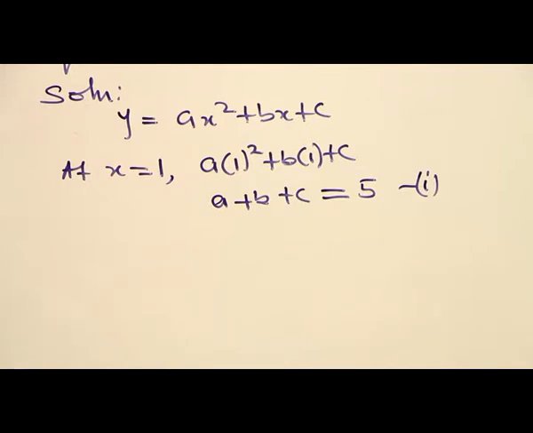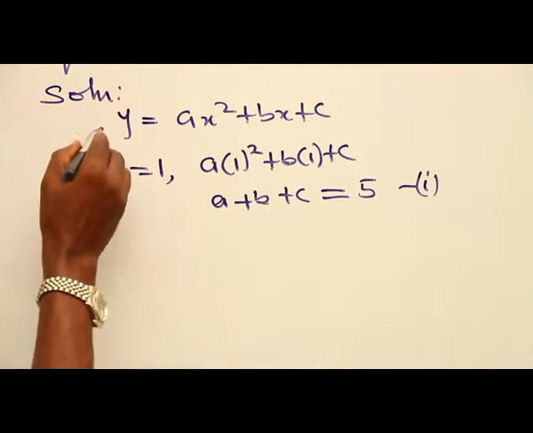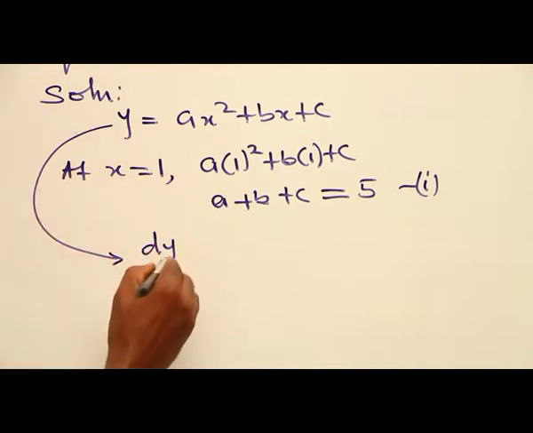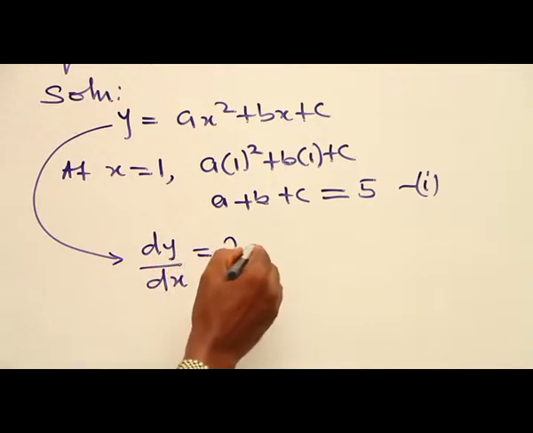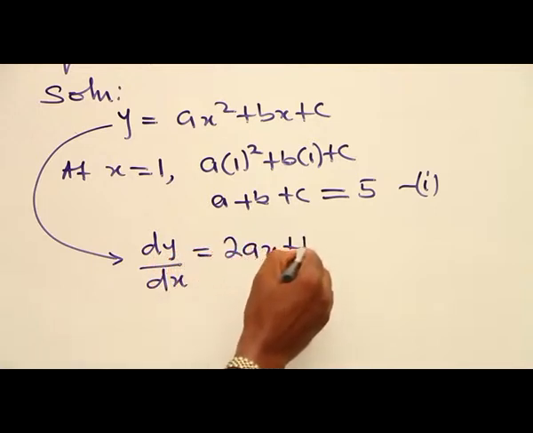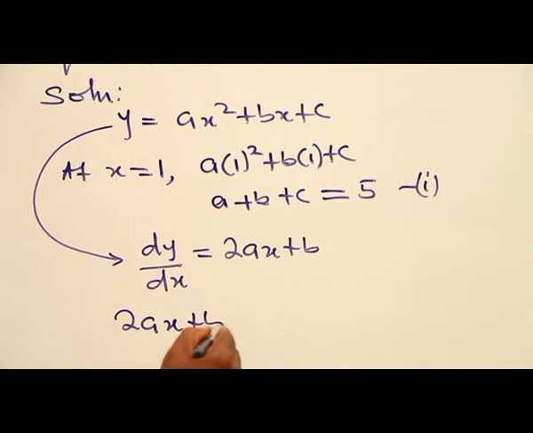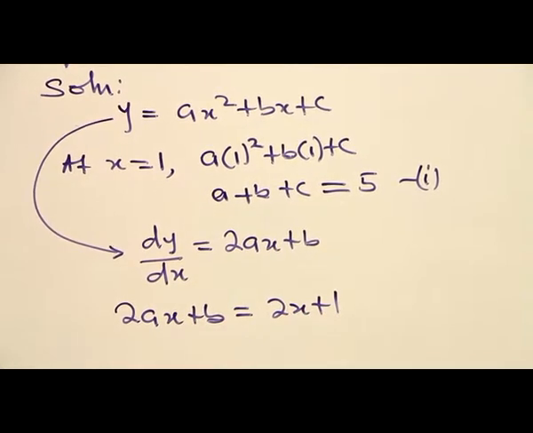It went further to say that if the derivative is 2s plus 1, so what is the derivative of the function? So let's find dy over ds. Our dy all over ds will be equal to 2as plus b. And this derivative is equal to, that is 2as plus b is equal to 2s plus 1.